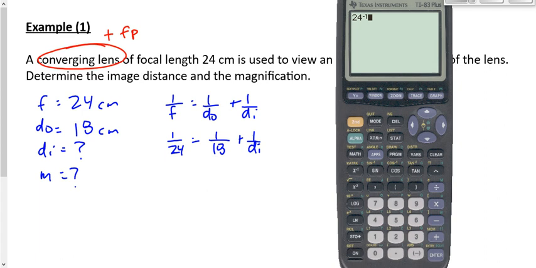Okay? Now, I got to take 1 over 18 away by subtraction, right? So 1 over 24 subtract 1 over 18. Make sense? Press enter. Is that my answer? Nope. What's that represent? That would be 1 over DI, right? So flip it over. Negative 72 is my answer there.